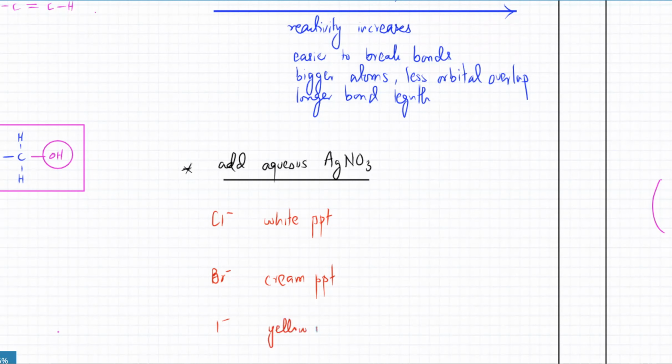And the second part of the test is about solubility. The white precipitate dissolves in excess dilute ammonia, dilute NH3. The cream precipitate also dissolves, but in concentrated NH3.